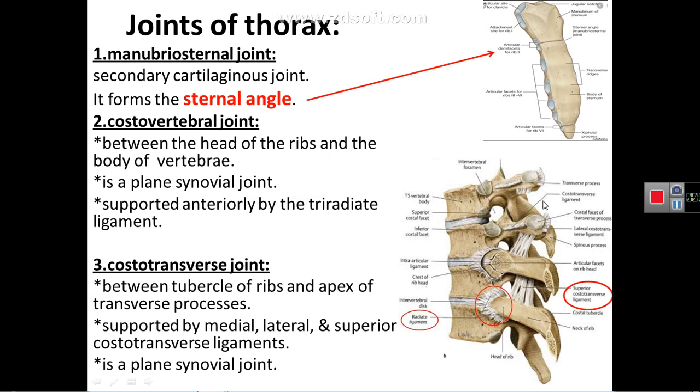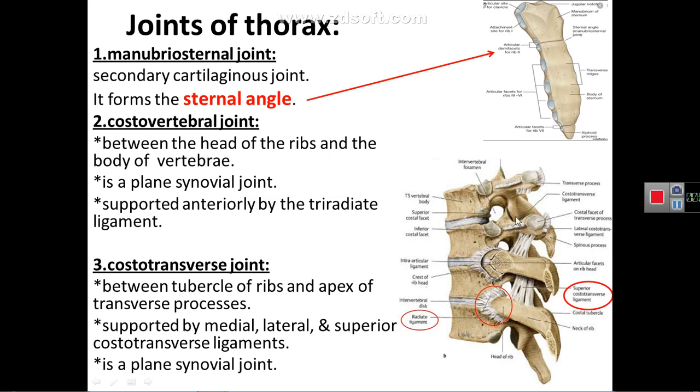The second joint of the thoracic cage is the costovertebral joint. This joint is between the facets on the head of the rib and the body of the vertebra. It is a plain synovial joint. This joint is supported, as you can see, by the radiate ligament, which is formed of 3 parts and therefore sometimes called the triradiate ligament.